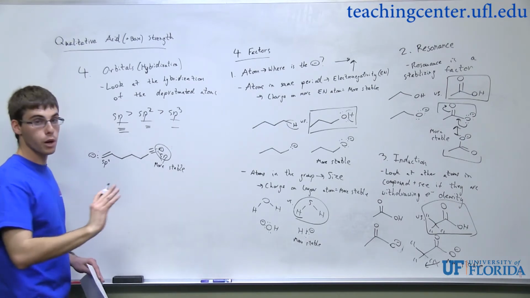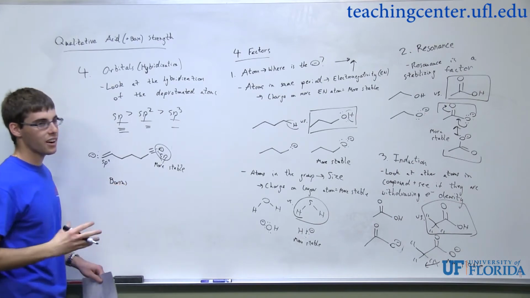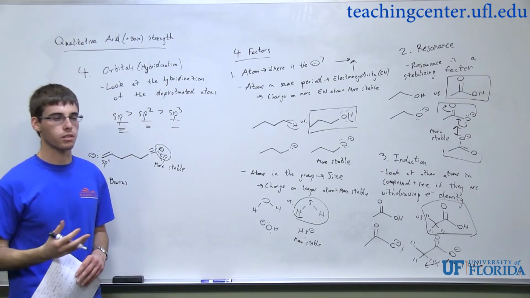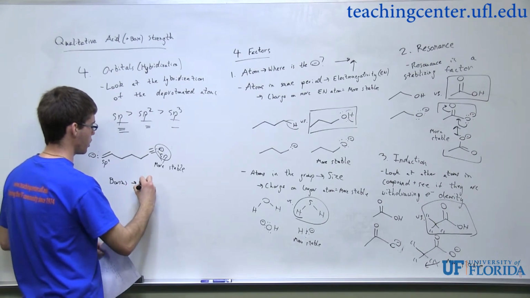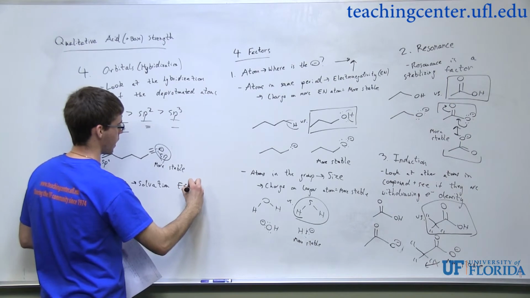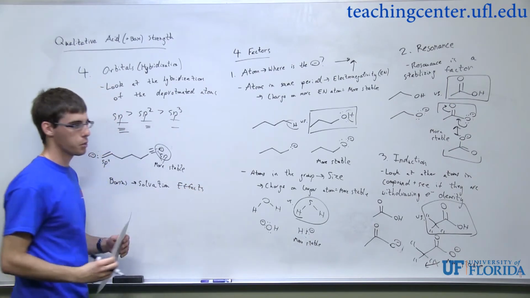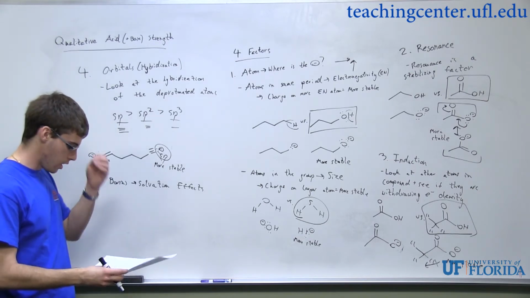Okay? And then the bonus effect, I don't know if this would really come up on an exam, but just in case it did, and just to have in mind, solvation effects. These account for super, super minor differences in pKa's.